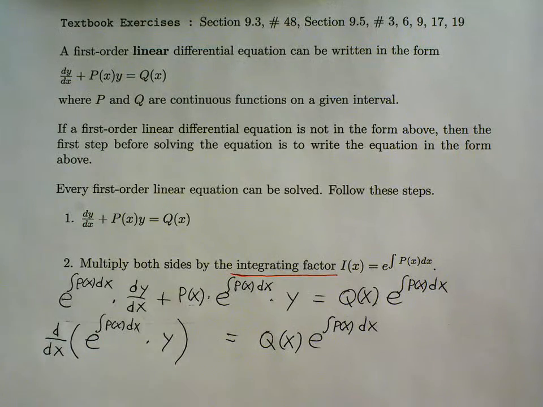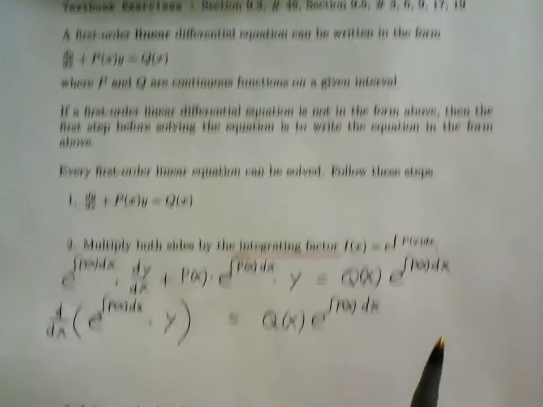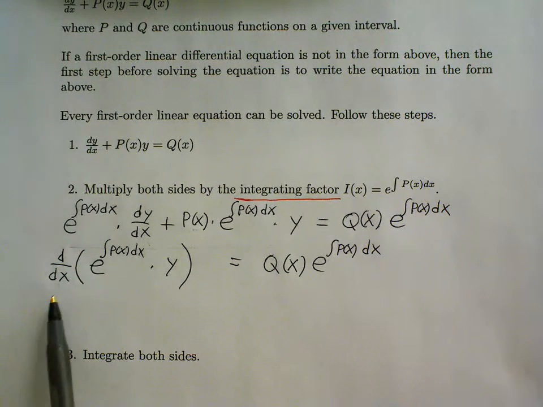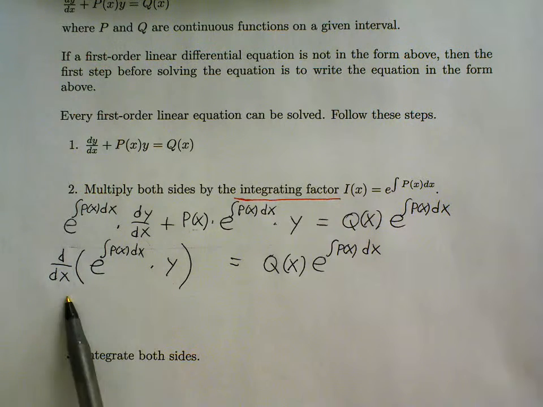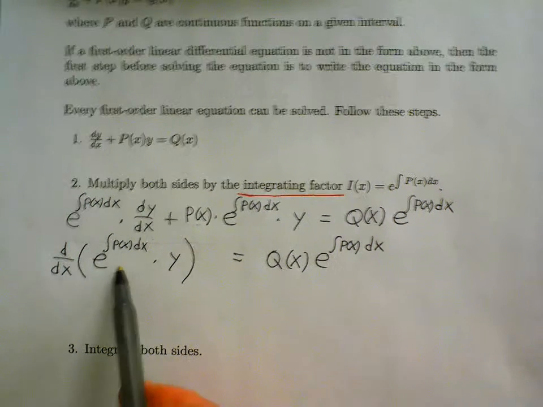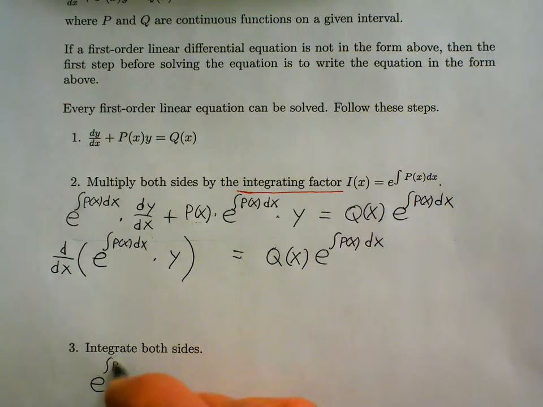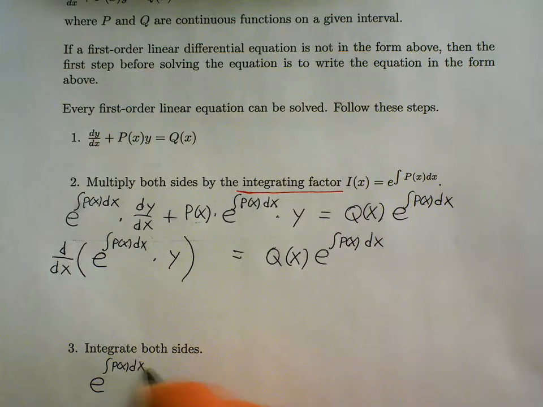Okay, in the next step, we can integrate both sides. So if we integrate the derivative of an expression with respect to x, then we just get the expression. So on the left-hand side, we get e to the integral of p of x dx times y.